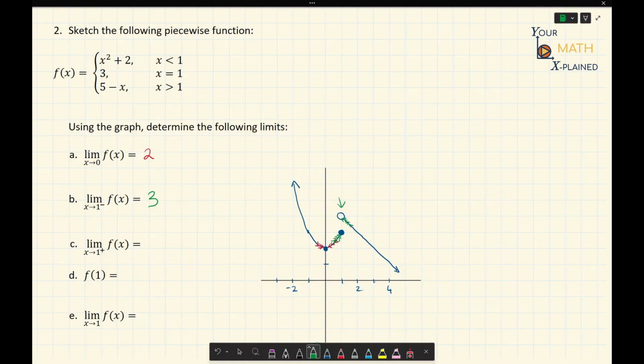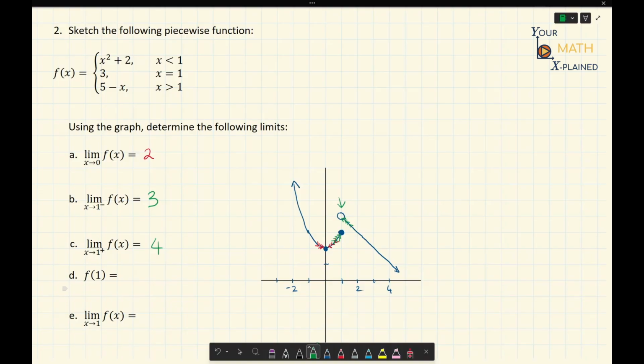We're just approaching really close. So without knowing what the graph is like, pretend like you're just on this line, you're a little ant and you're traveling along this line. As you get closer and closer to x is equal to 1, the y value is going to get closer and closer to 4. So therefore, the right side limit is going to be equal to 4.